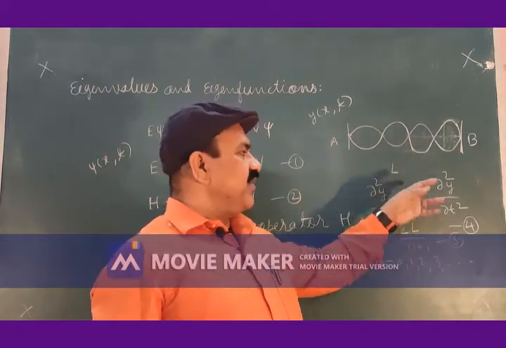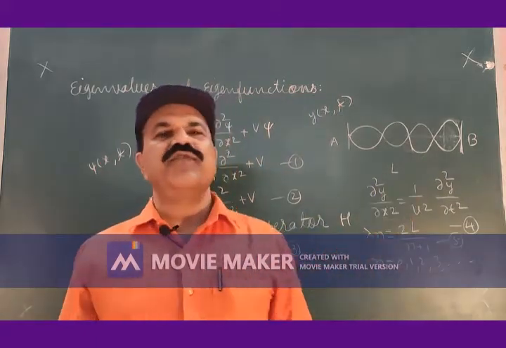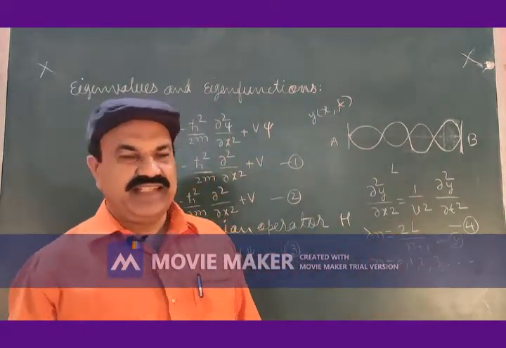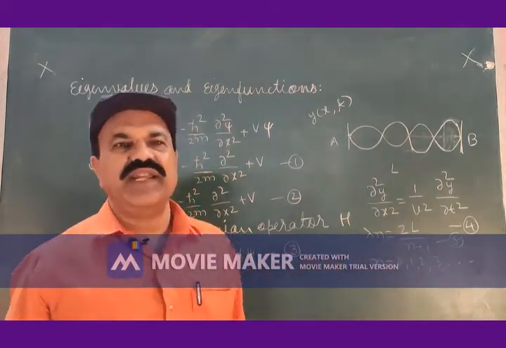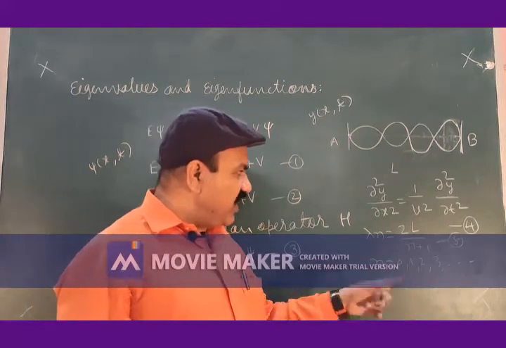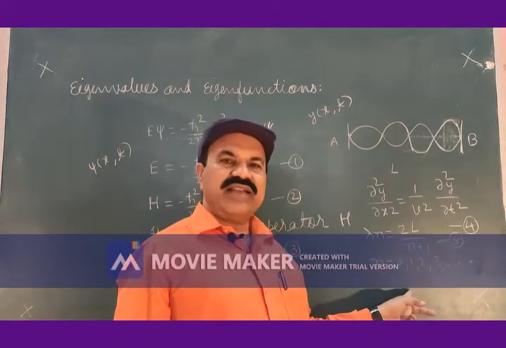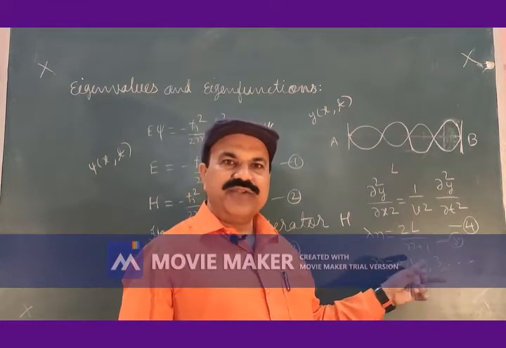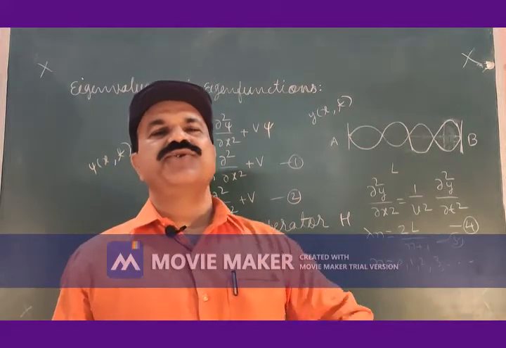This equation cannot be solved for any displacement. This equation cannot be solved for any wavelength. This equation can be solved for certain wavelengths only, and these certain wavelengths are given by equation 5, where values of n are countable: 0, 1, 2, 3, 4 and so on.